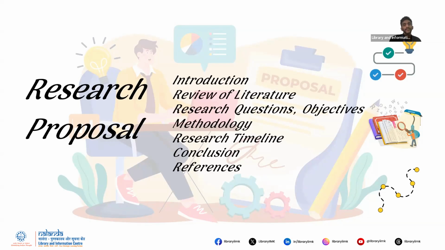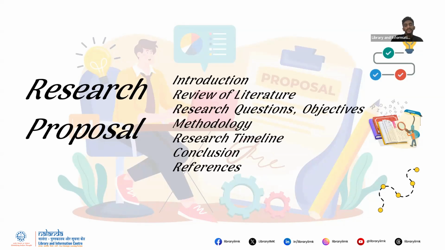In addition to that, you should write research questions and research objectives. You should give the methodology, how you're going to do your PhD, whether you're using any latest methodologies like sentiment analysis, social network analysis, or any traditional methods like interviews, surveys, and all.